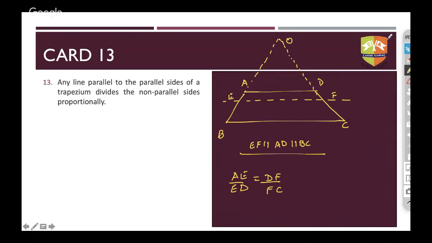Okay, from here, if you see, you get what? Again, I said that I will not be covering proofs, but quickly, if it is possible, let me try and cover as many as possible. So in triangle OEF, what can I write by BPT?